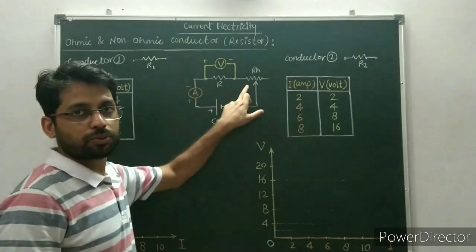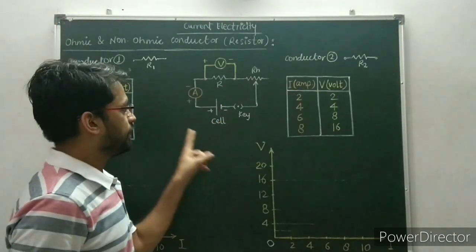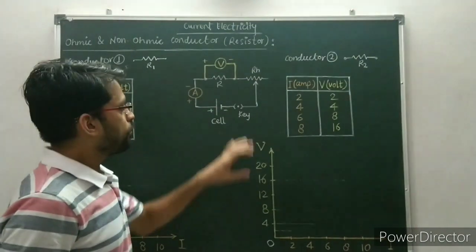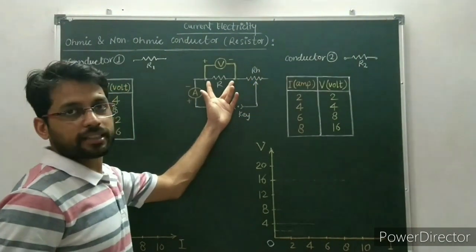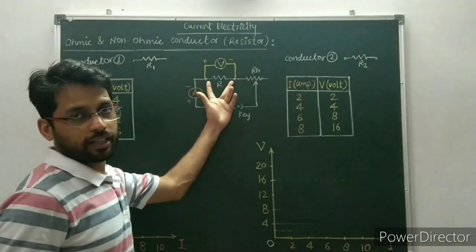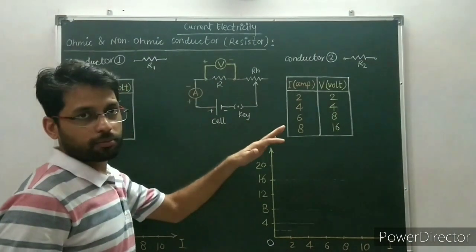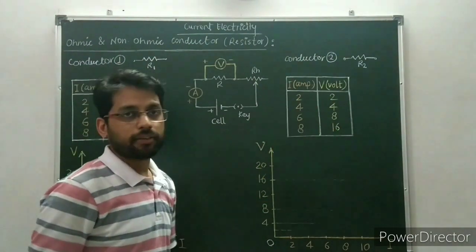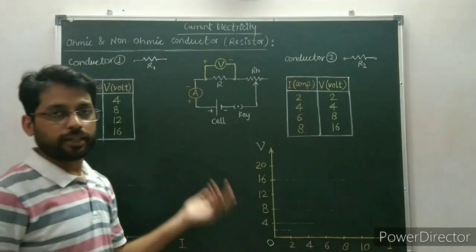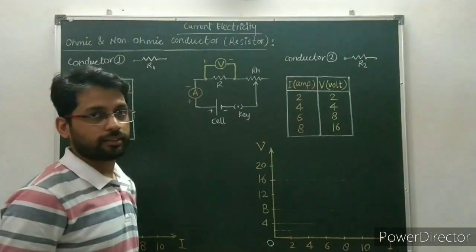Rheostat is used to change the current in the circuit. By changing current, we can change the potential difference across the conductor, and we draw a table and write the values of current and corresponding potential difference across the conductor.